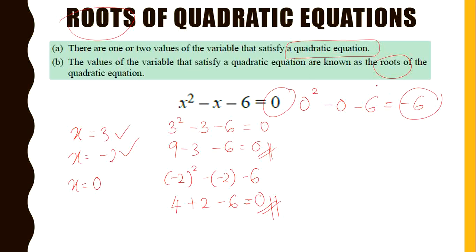So maksudnya tak sama kan? Okay, tak sama. That means 0 is not the root of this quadratic equation. So maksudnya root ni adalah nilai yang bila mana kita substitute masuk ke dalam kita punya variable ni, kita akan dapat nilai yang betul kat sini. Equals to betul. In case dalam kat sini kita dapat equals to 0 untuk value of 3 and negative 2.